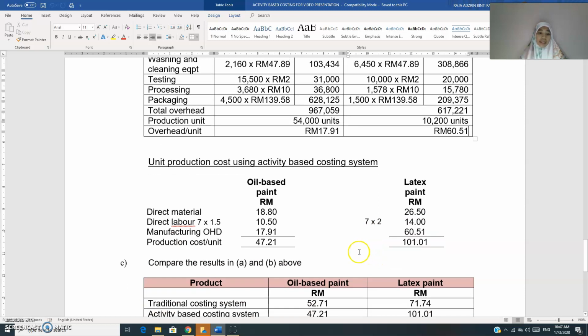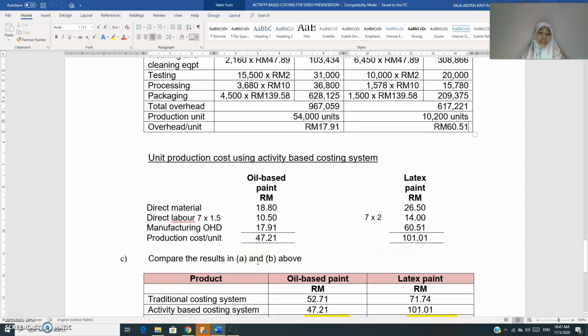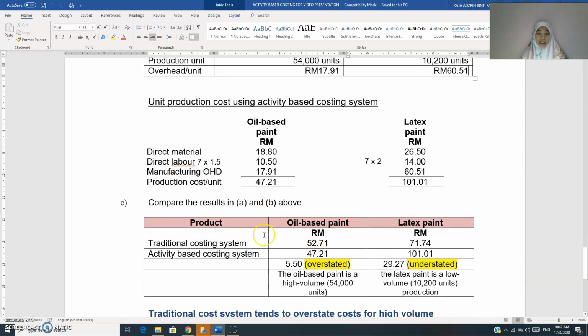Part C of the question requires you to compare your results in A and B. If you see here, the traditional costing method from part A gives you a cost of 52.71, and for latex 71.74.